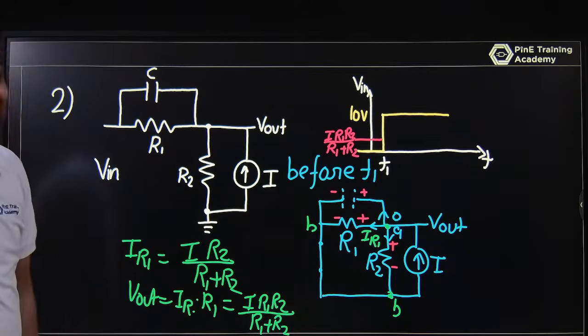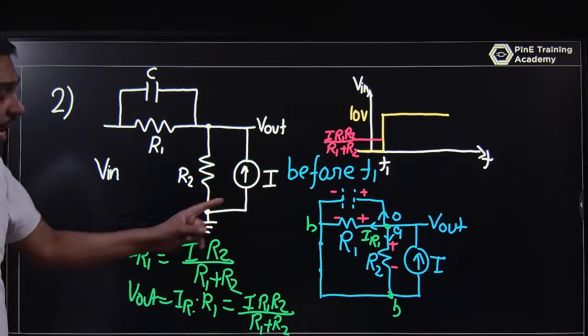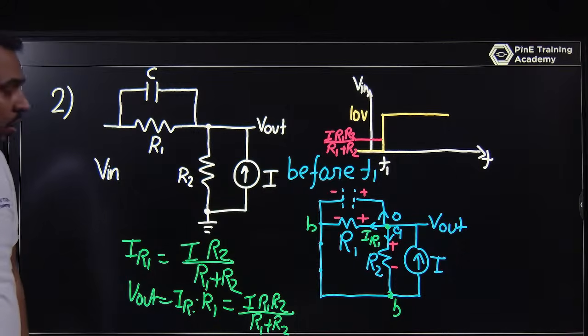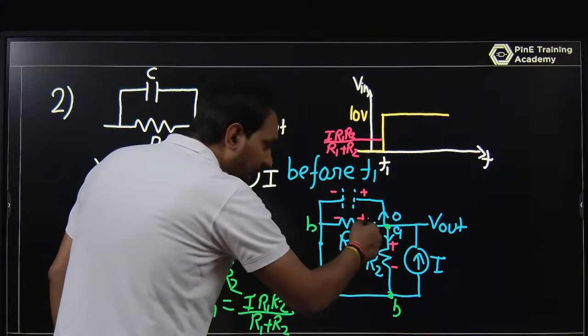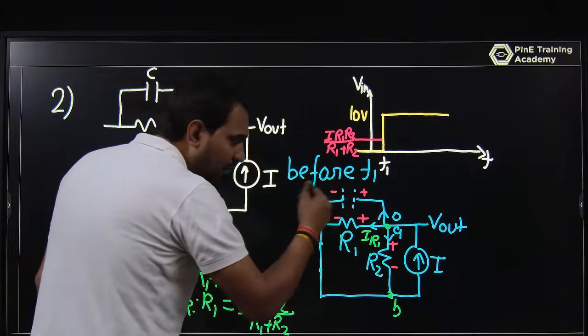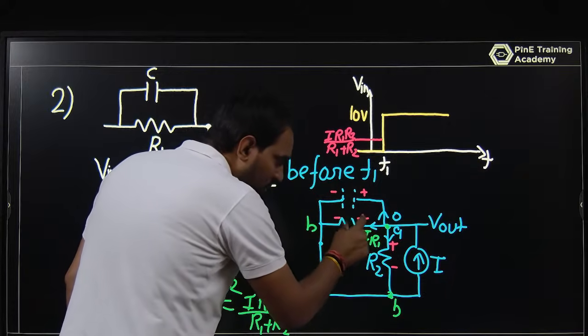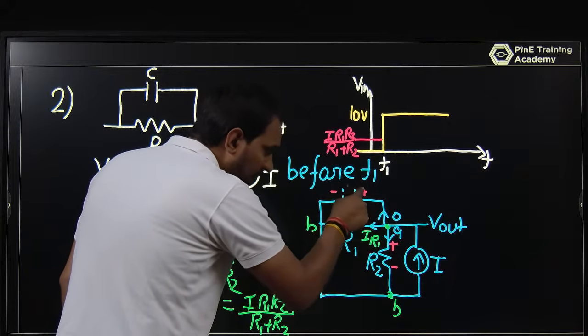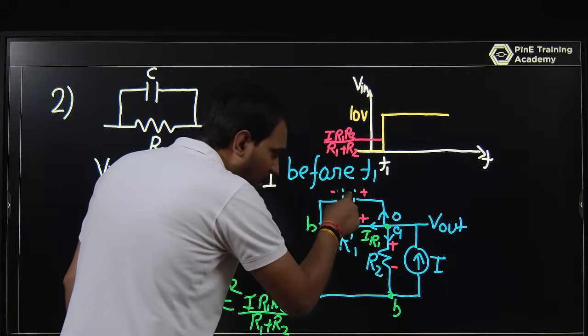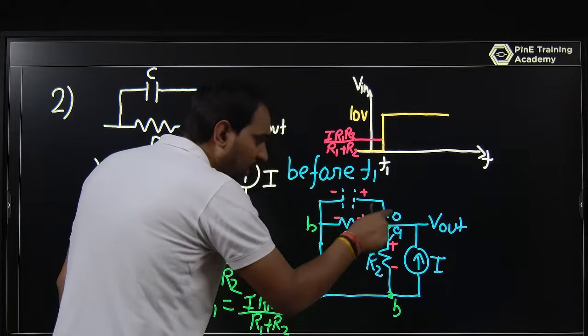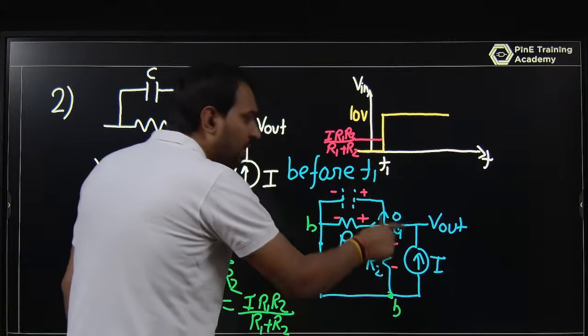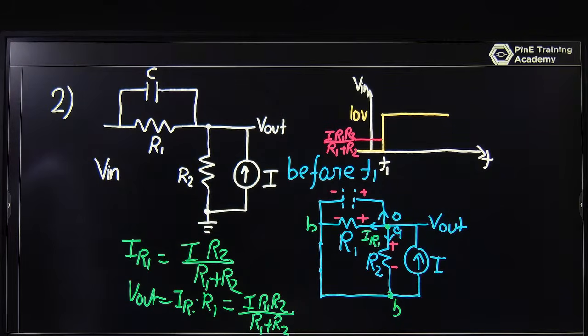Be focused on the sign, because the sign is very important. If the current is entering and is positive, the assumption is right, and this is plus and this is minus, since they are in parallel. So the capacitor voltage, V out, R1 voltage, R2 voltage, and voltage across the current source are all the same because all are in parallel.